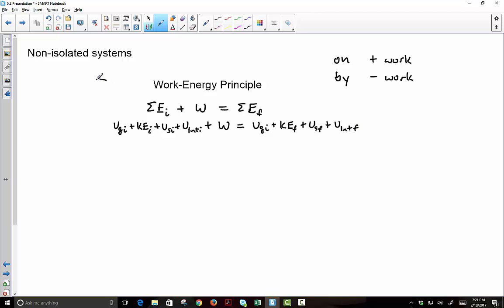And this is our work-energy principle. Big idea: if I take my total initial energy and add in the work, that will give me my final.